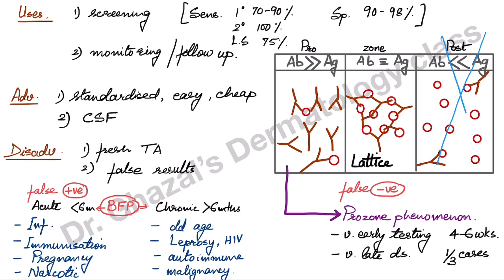So, if you have a patient who has clear cut signs of syphilis, but you do a VDRL and it comes out negative, then you have to ask the lab to do it in dilutions so that this zone of equivalence is reached and you get a reactivity, and also pair it with TPHA.